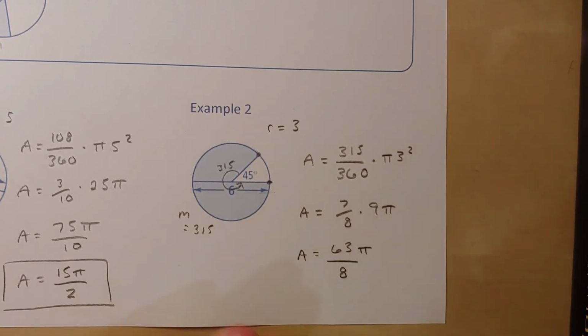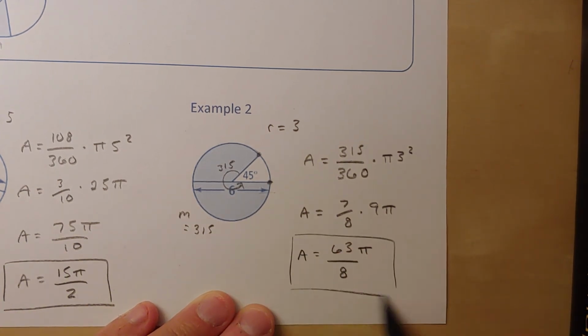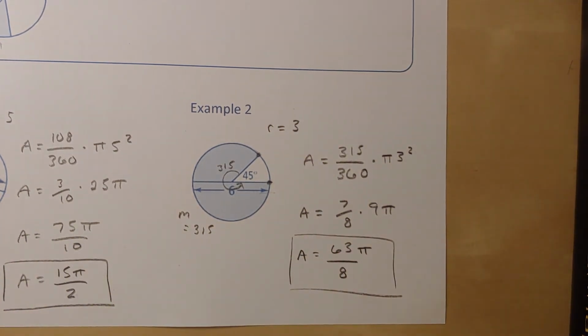So 63 pi over 8. You could try to simplify 63 over 8, and it would not happen. So we can leave our answer there. And this is our final simplified answer in terms of pi.